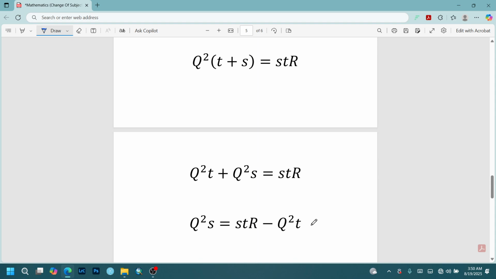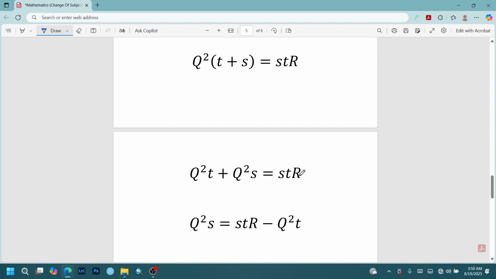So when we check our new equation, which is k square t plus k square s equals str, right, you could realize that t is common in k square t and str, right?